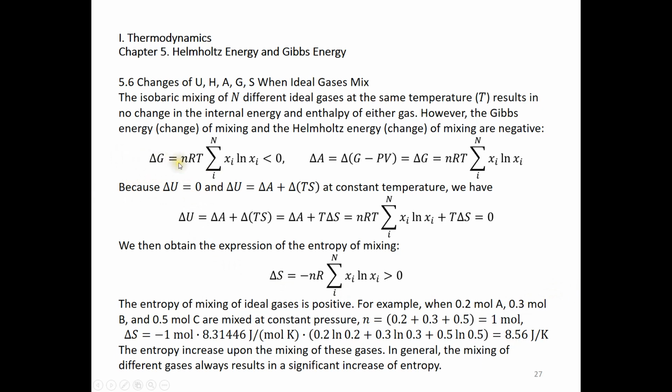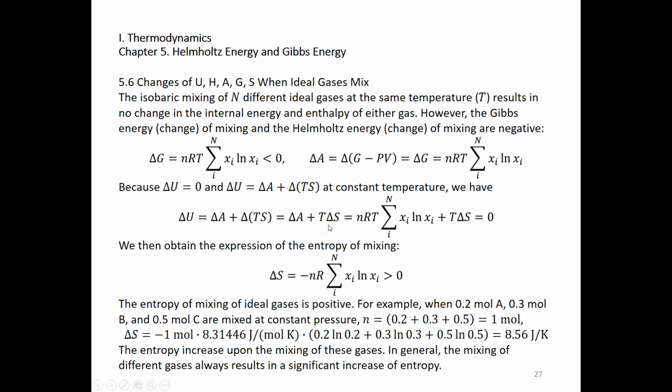We can compute delta G using this equation, delta A using the same equation. And because delta U is 0 and we have delta U is delta A plus delta TS, we can compute delta TS. Again, it's just because of this equation and temperature is constant, so we have this.